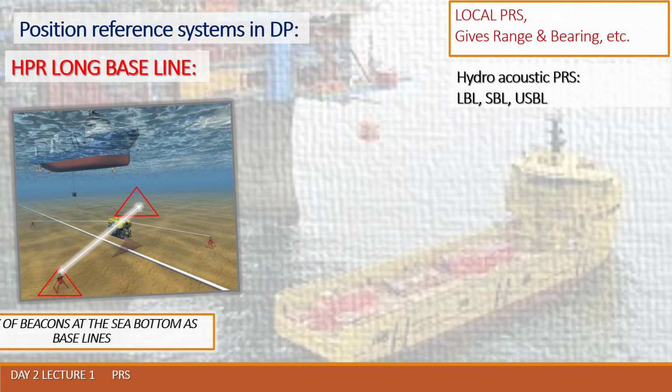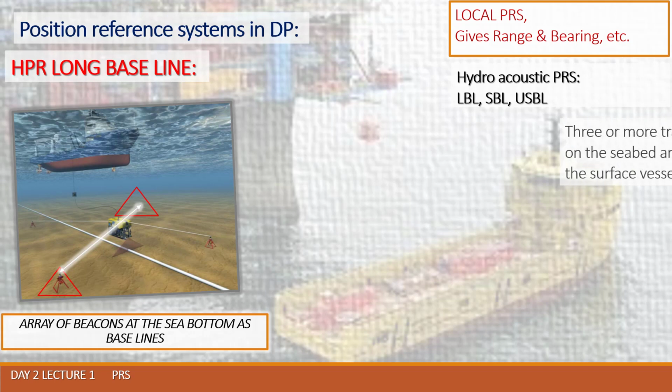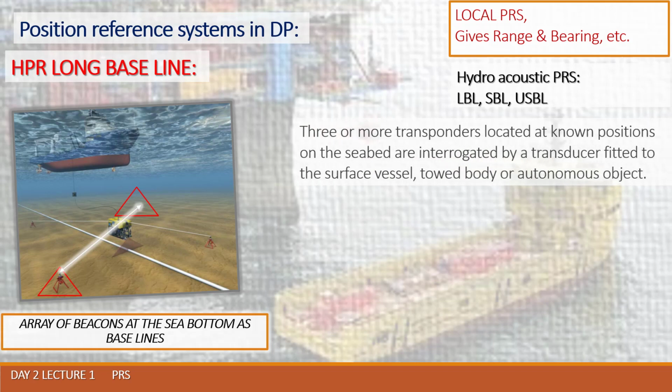Three or more transponders are located at known positions on the seabed and are interrogated by a transducer fitted to the surface vessel, towed body or autonomous object. If at least three ranges are measured from a mobile hydrophone to transponders at fixed coordinated seabed locations, then the hydrophone position coordinates can be computed.